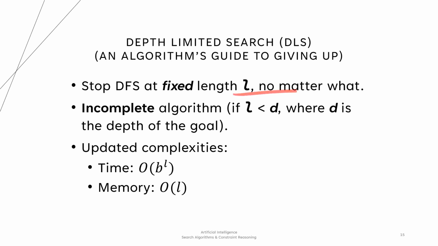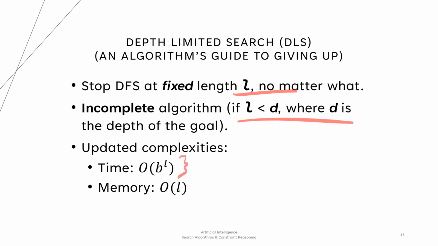In the actual pseudocode, for each node that it gets to, it checks if the depth is larger than a variable L, and then it just returns. So it's an incomplete algorithm. Obviously, if the depth of the goal is larger than the depth that we go to, then it's not going to find it. But we do get a decreased time complexity.